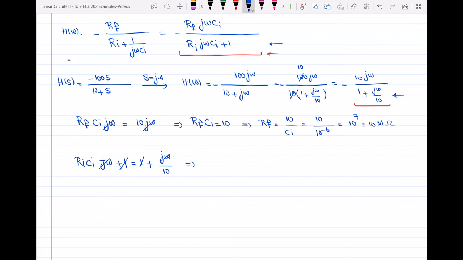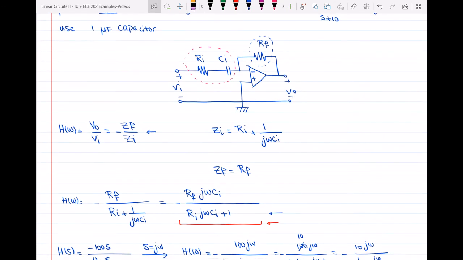So from here I have RI CI is equal to 0.1, and CI equal to 1 microfarad. So RI would be 0.1 over 10 to the negative 6. So from here I will have 10 to the 5 ohms, that is 100 kilo ohms. All right, so now I have RI, RF, and CI, which was given. So I have designed my high pass active filter.